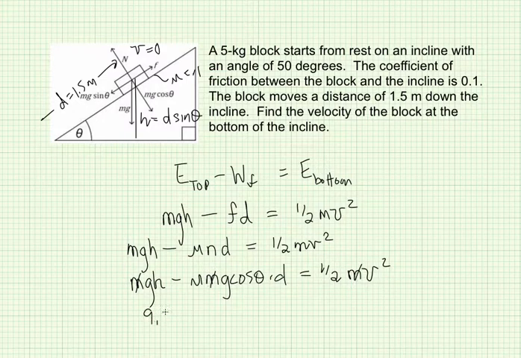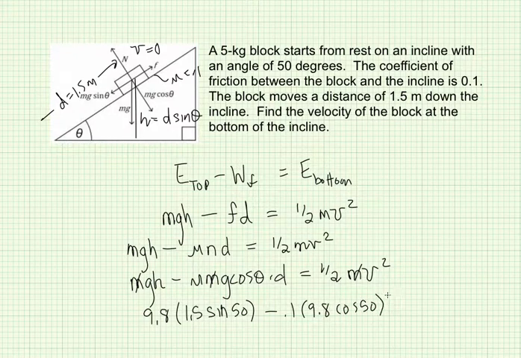So I have 9.8 times my height, which was the distance, 1.5, times the sine, and my angle was 50, minus the coefficient of friction, which was 0.1, times 9.8, and that's the cosine of 50, times the distance, and the distance down the incline was 1.5 meters, equals 1/2 the velocity squared.